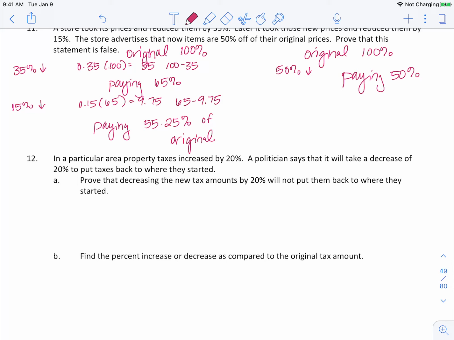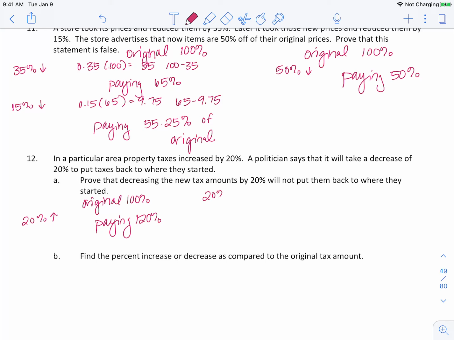Okay, so if our original is 100% and it says the property taxes increased by 20%, so that means we're paying 120%. So if we decrease this by 20%, we need to show that it's not actually where we started.